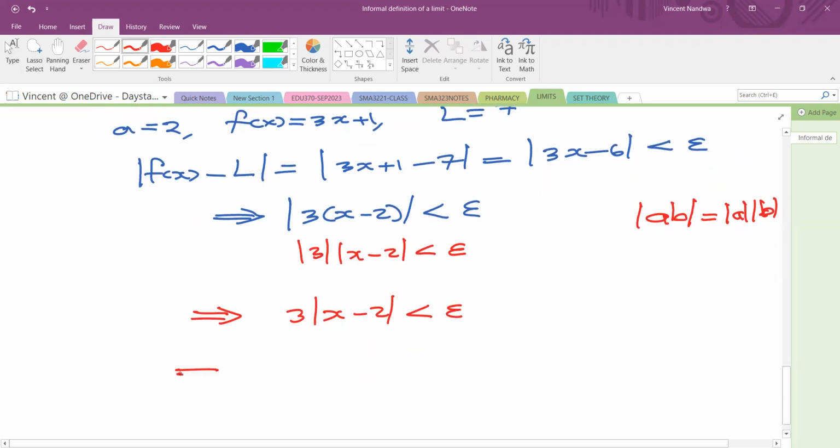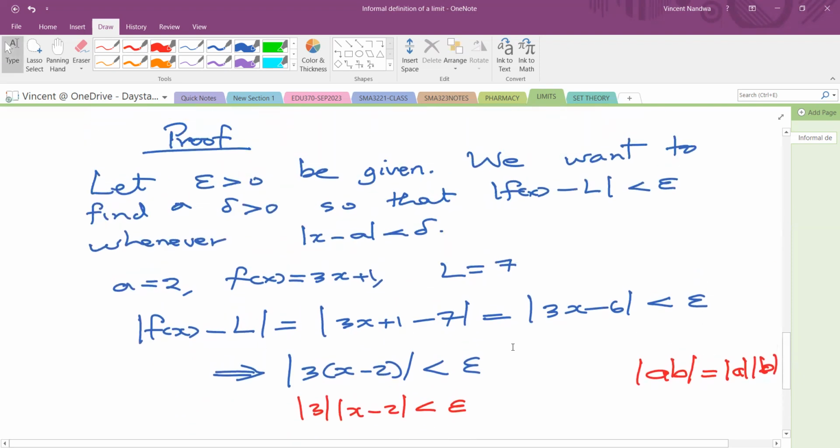So this implies that the absolute value of x minus 2 is less than epsilon over 3, by dividing through by 3. I remember the definition goes that if this is the case, then the absolute value of x minus a should be less than delta.